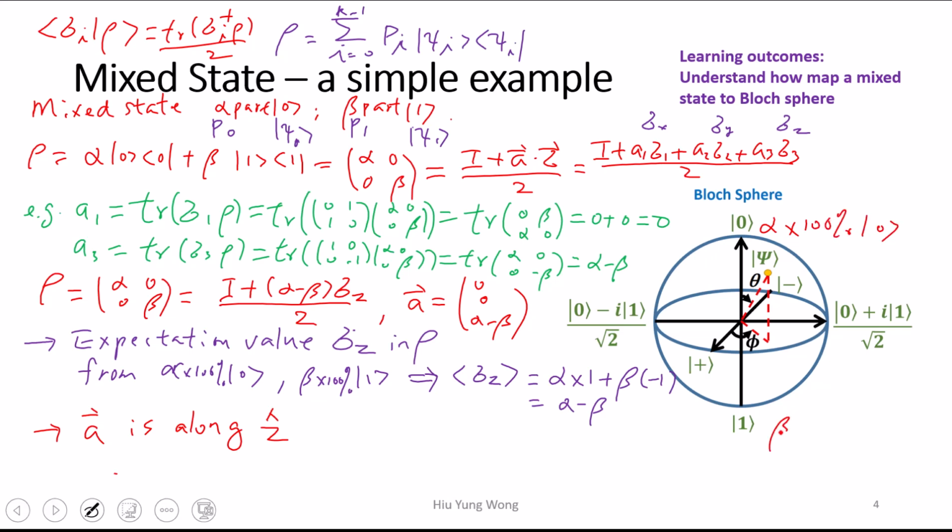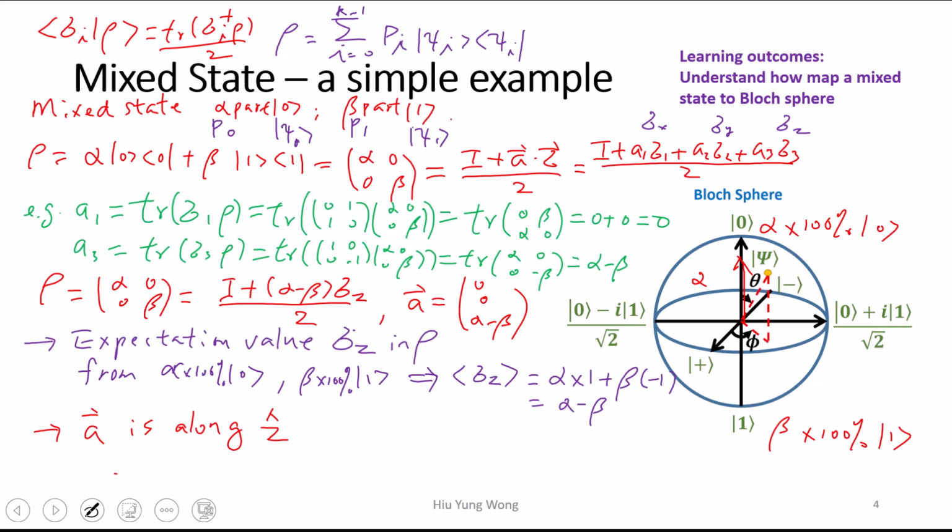And then I have beta times 100% of 1. So it is nice saying that you have this vector, but you only have the alpha part, right? You have the alpha part.